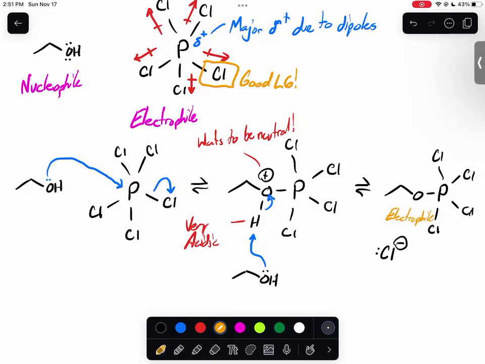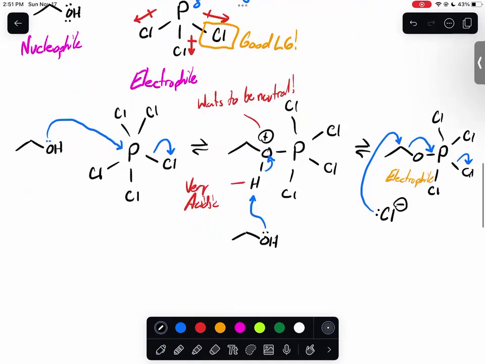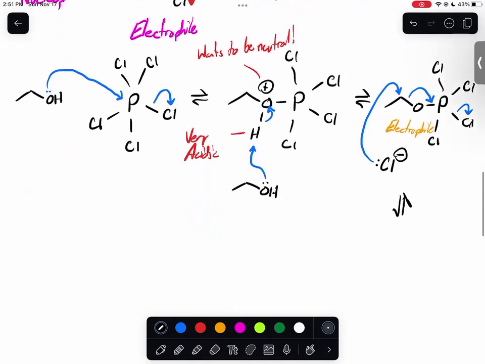So, with that being said, if our chloride comes in, does a backside attack on this carbon, kicks out the oxygen, we can form a double bond to the phosphorus, which is good, and then we can kick out another good leaving group, chloride.